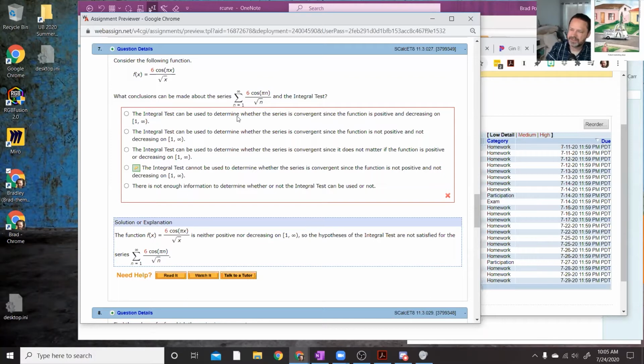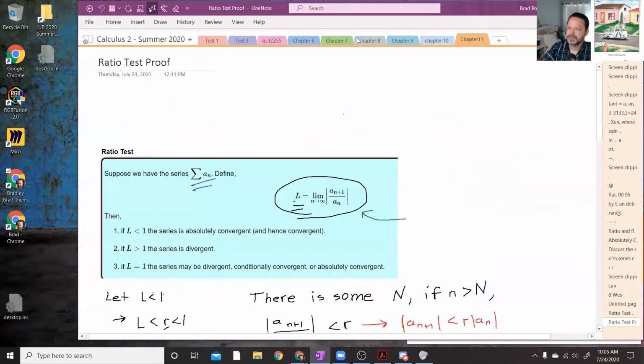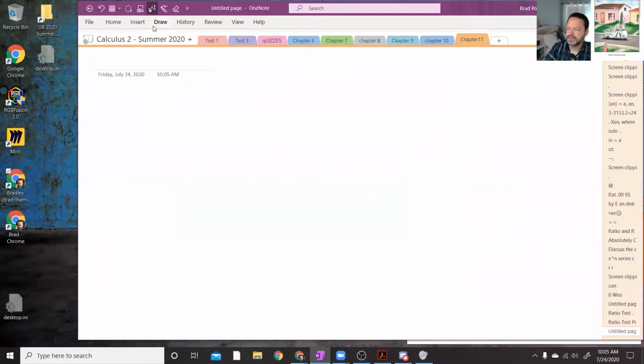So the integral test can be used to determine whether the series is convergent since the function is positive and decreasing. Positive and decreasing. Well, cosine, first of all, we know that here, and actually, let's snip this in. This is 11.3.